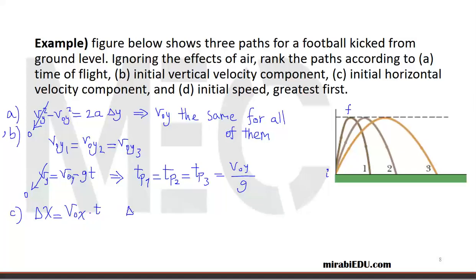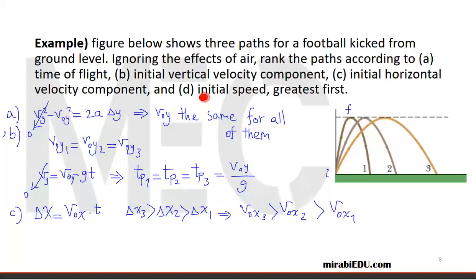And we know that delta x3 is greater than delta x2, which is greater than delta x1. Therefore, because time is the same for all of them, V0x of projectile 3 is greater than V0x of projectile 2, and this is greater than projectile 1.